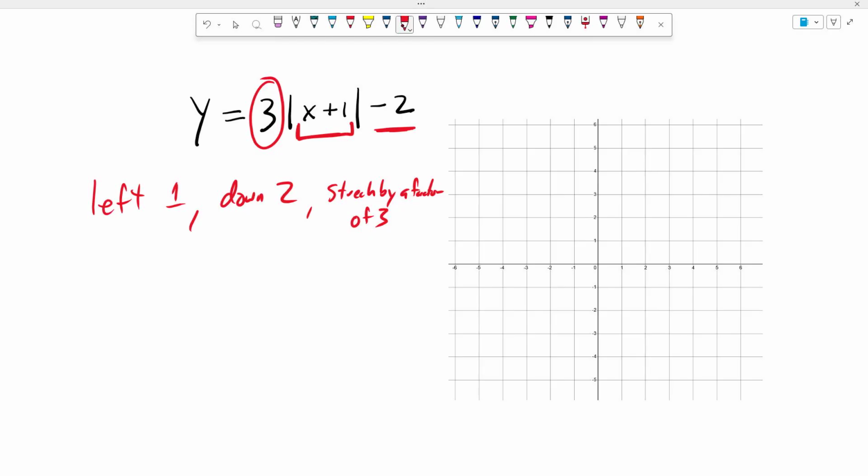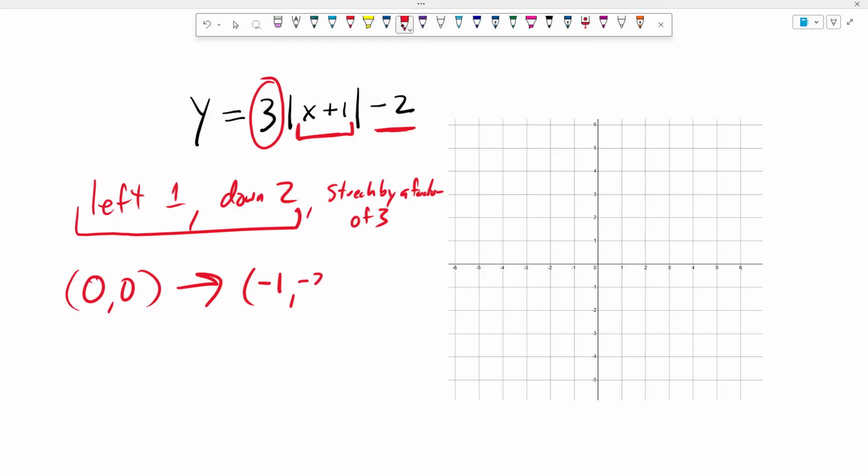Okay, so the old vertex 0, 0 of y equals absolute value of x is only affected by the left and the down. So this is going to go to -1, so left 1, and down 2, -2. So this is our vertex. And then for absolute values, this determines our slope.